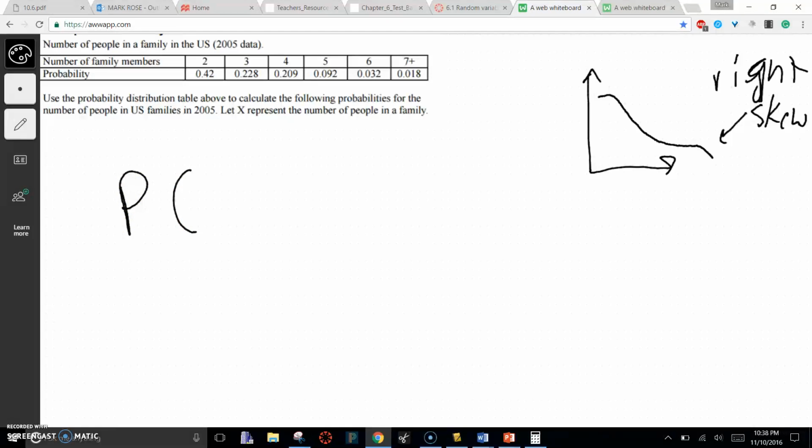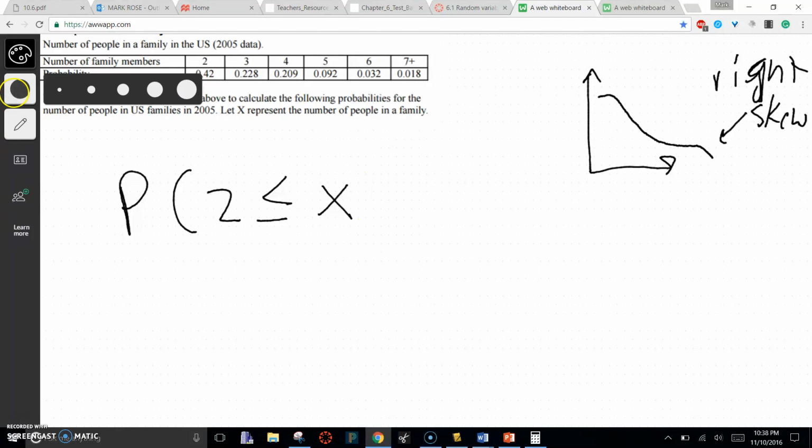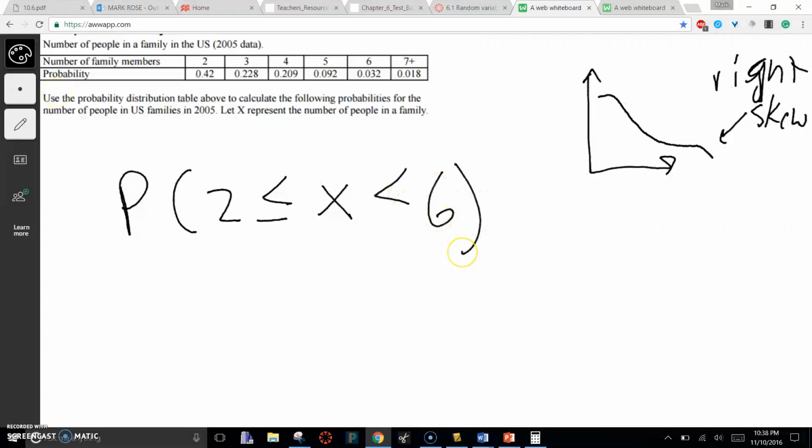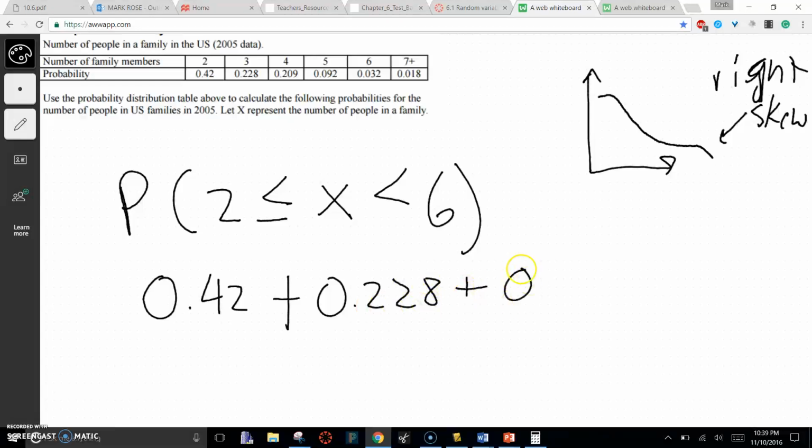So they could give us a problem like this. What's the probability of my sample space being between 2 and 6 people? Well, that would include my 0.42, my 0.228, my 0.209, and my 0.092.